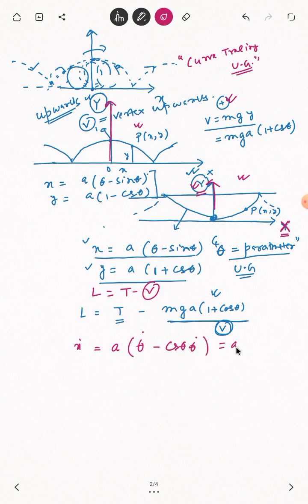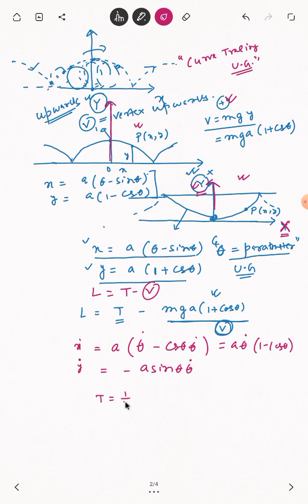Clear? Now a theta dot will be common, and we have 1 minus cos theta. In this type of problem, first calculate x dot and y dot. What is y dot? y dot will be minus a sine theta, and the derivative of theta with respect to time is theta dot.